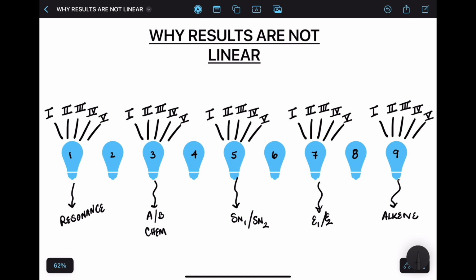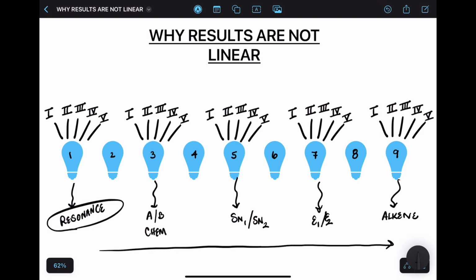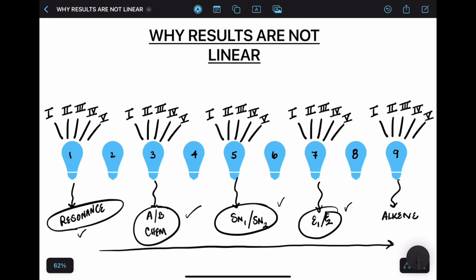And so you have these series of concepts, and as you go along studying, you feel like you got a strong handle on what resonance is, on what acid-base chemistry is, on what SN1, SN2, on what E1, E2 is, on what alkene chemistry looks like, right? But then you're tested with a few problems. Now, each concept is going to have several different tricks and traps associated with it.